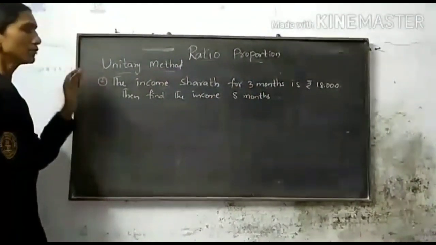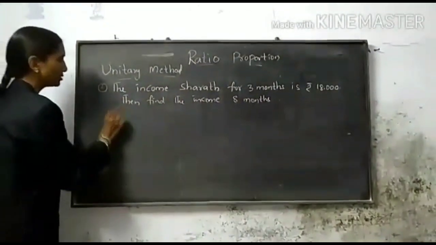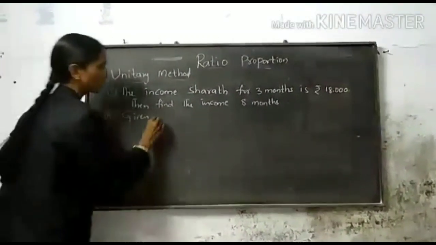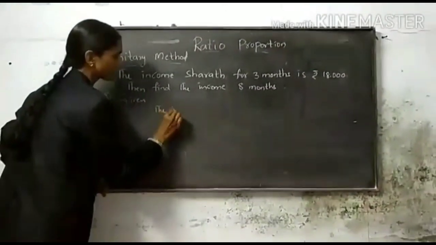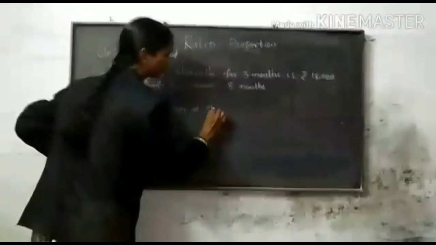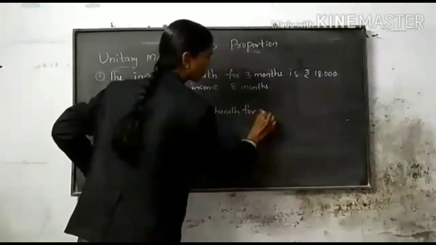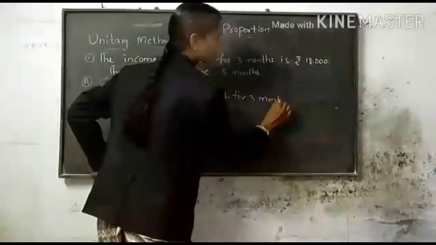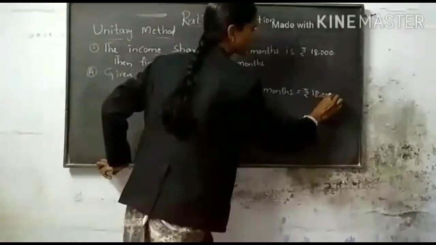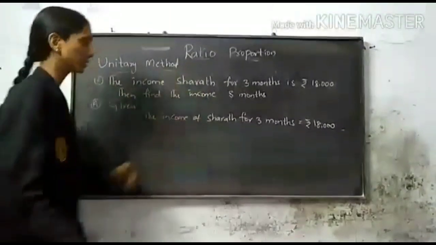So for this we have to find the income of 1 month of Sharat. Given: the income of Sharat for 3 months is equal to rupees 18,000. Now we are finding the income of Sharat for 1 month.